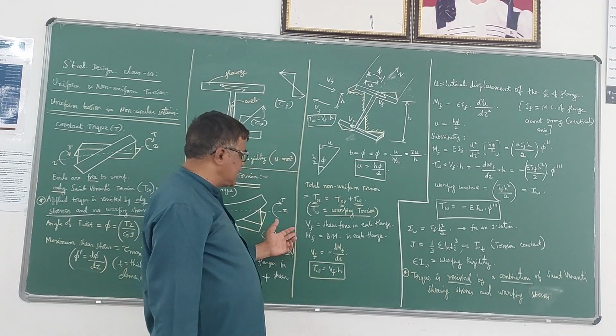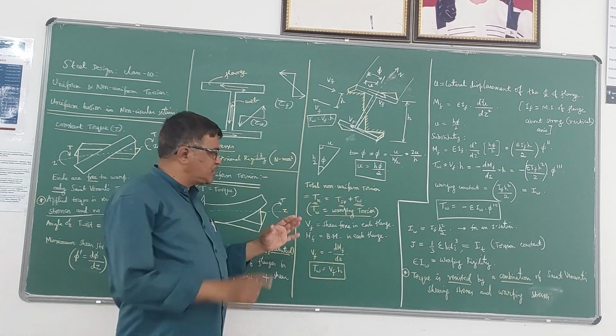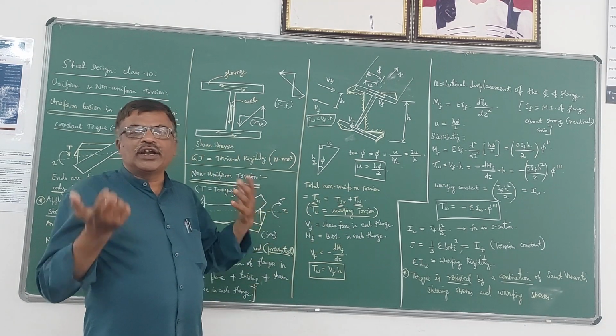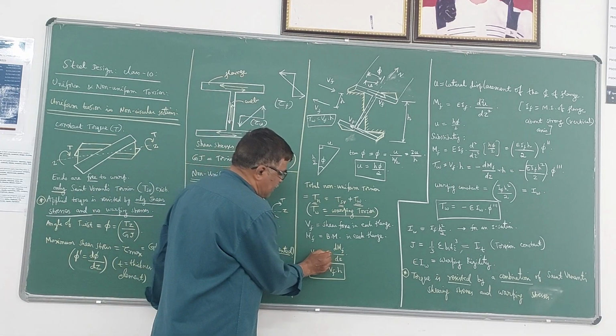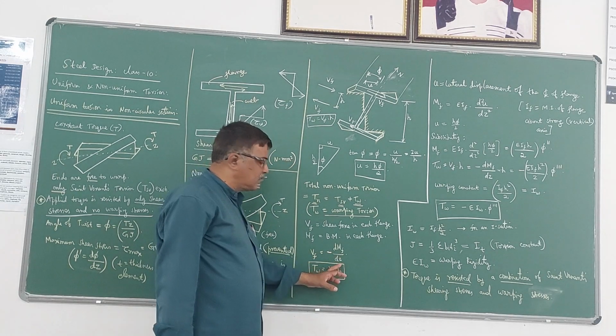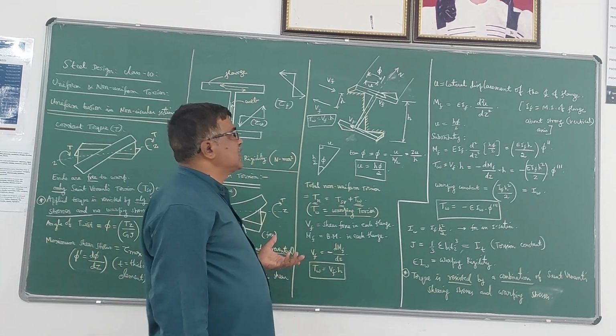And we know that if Mf is the bending moment in each flange and Vf is the shear force in each flange, you know the relationship between bending moment and shear force. Shear force Vf is given by minus dMf by dz, where z represents the length of that particular section.